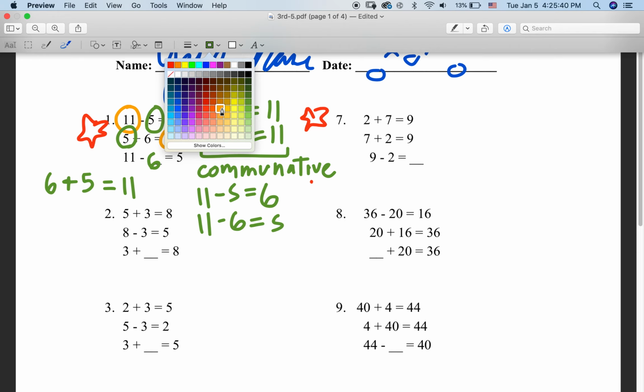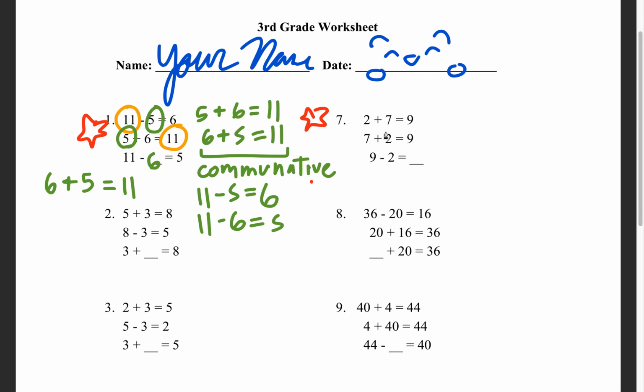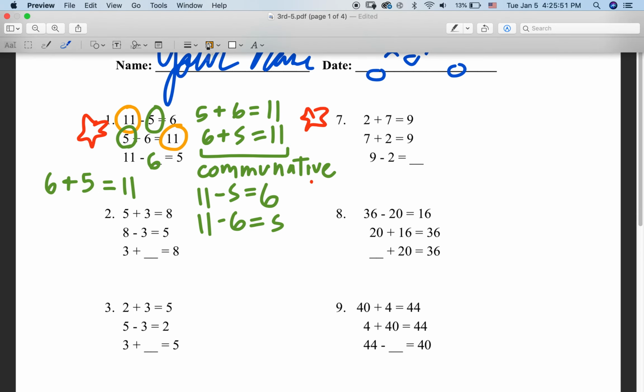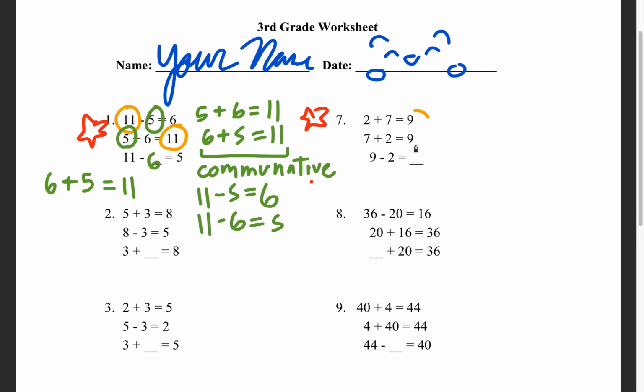So 2 plus 7 is 9, and 7 plus 2 is 9. This is a lot easier actually, because this explains that this is a commutative property, that if you swap these two around, it'll still lead to the same answer.